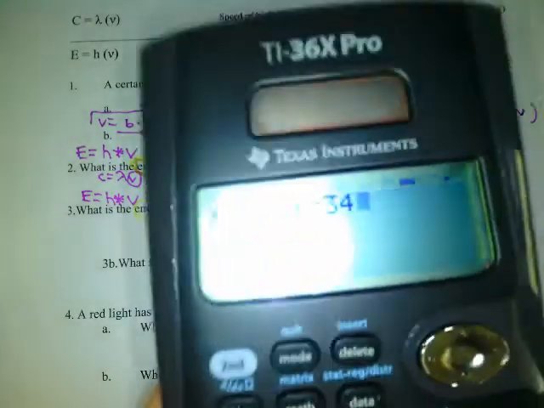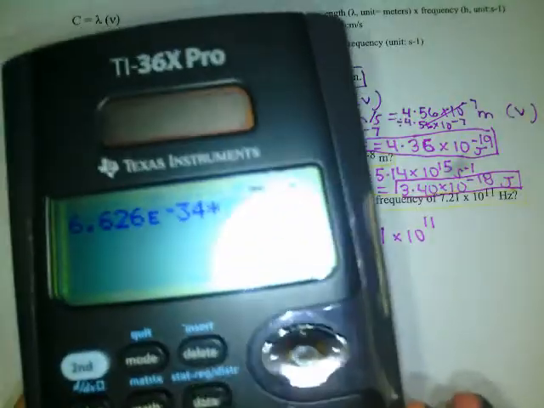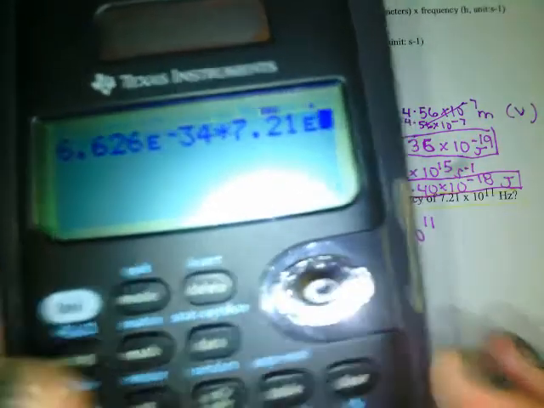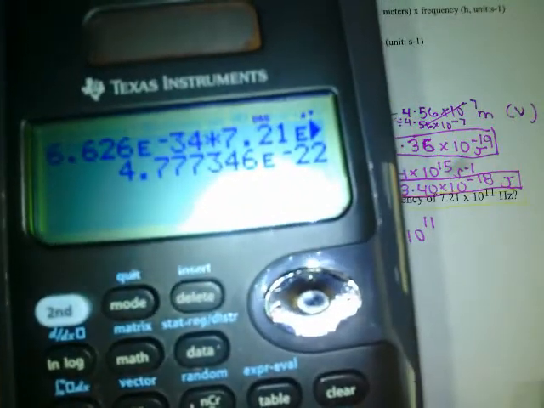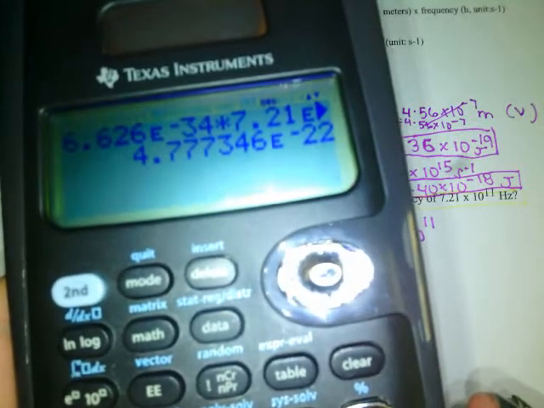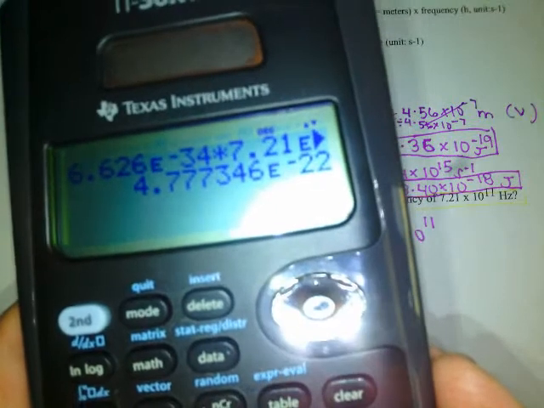There it is. 4.77 repeating, or not all the way repeating, so 4.77, which is going to round up to be with our sig figs. Let's see. We're going to use 3 sig figs since we're going to look at this to give our sig figs. So that would be 4.78 times 10 to the -22.